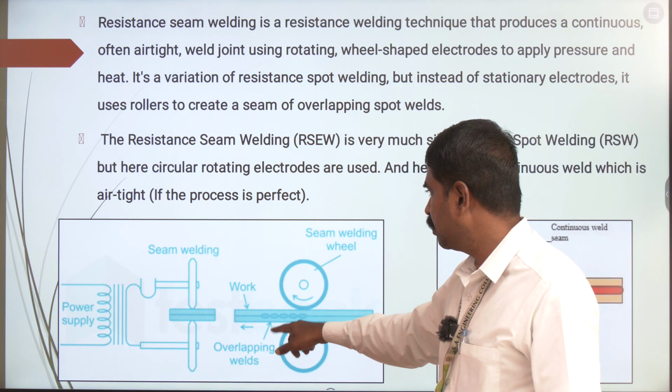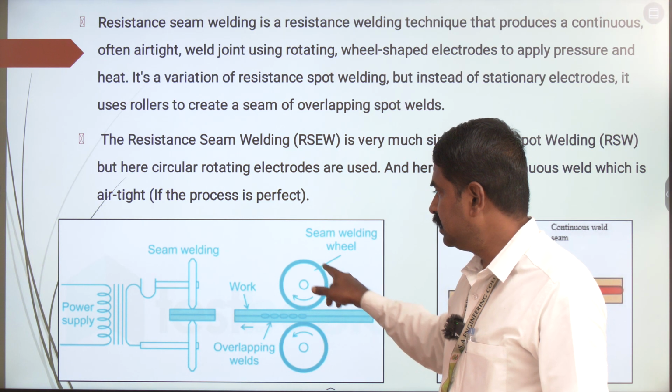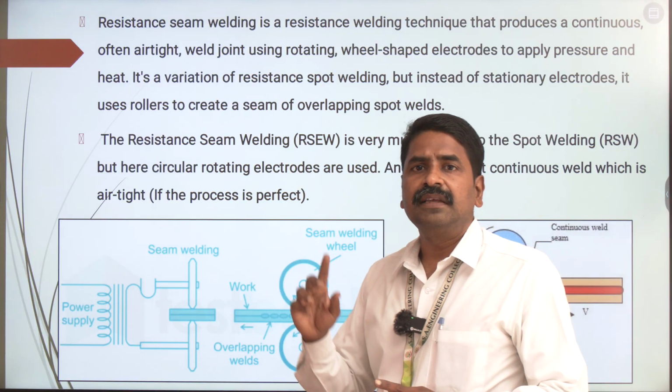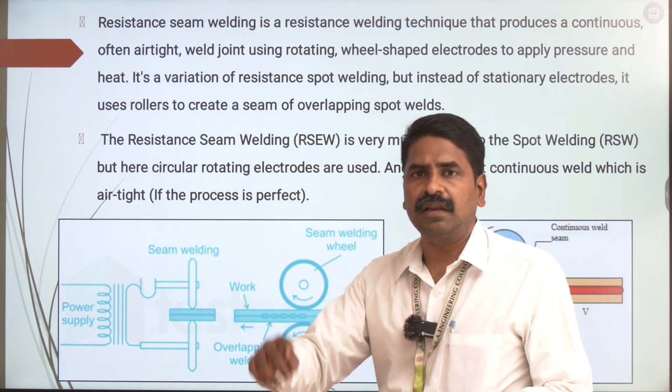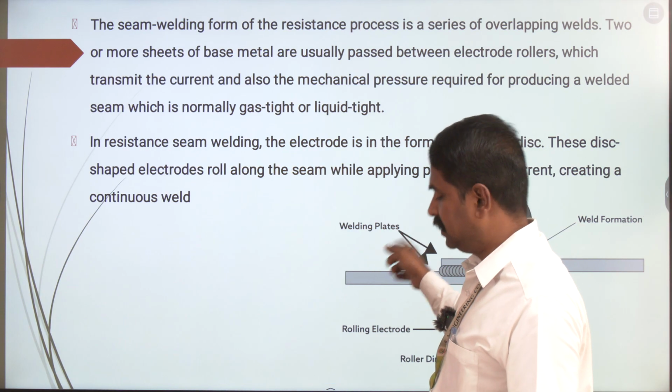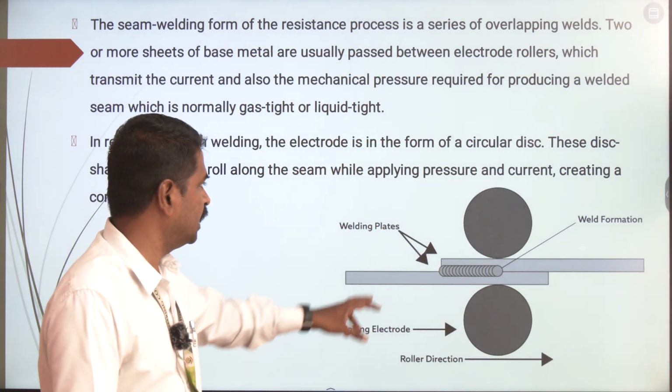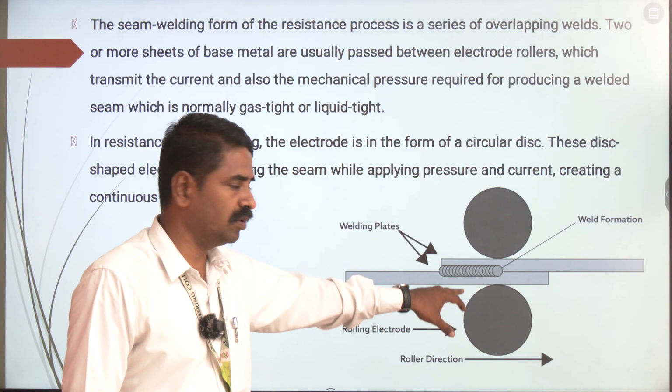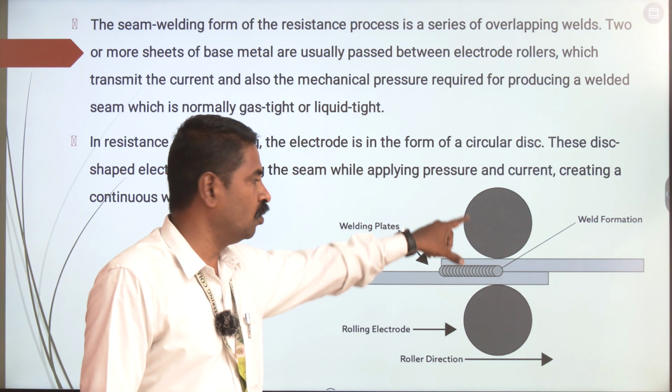So this is called your overlapping joint, and here you can see the electrodes. As you can see over here, the electrodes are in the form of a circular rotating disc. If you want a clear idea, you can see this diagram. Here you are going to have the plates which are going to be joined, and you are going to have two rolling electrodes.